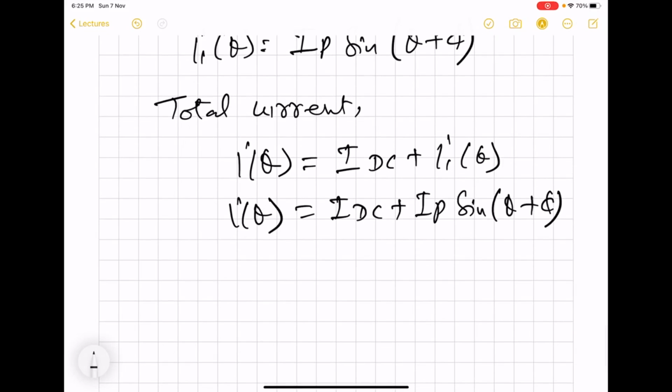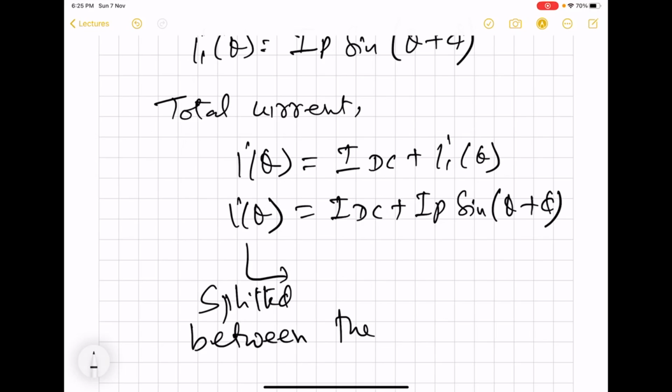Now this current gets split between the MOS, or the switch, and C1.